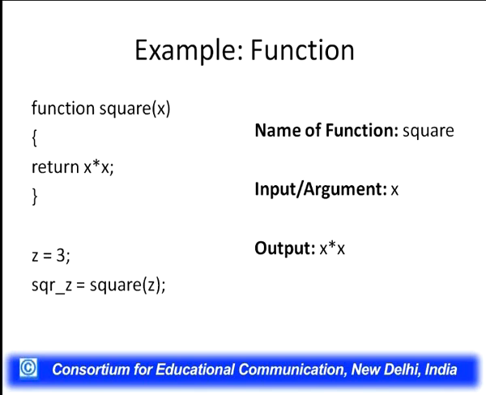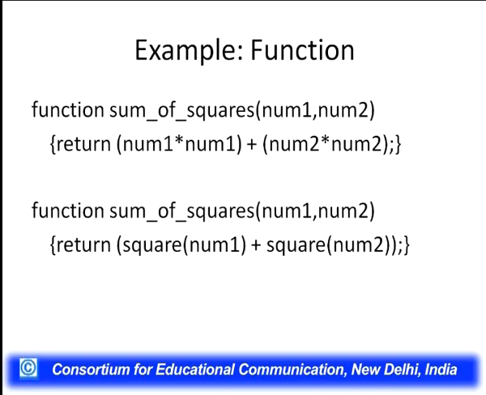The value of z is 3, so 3 will be passed to the function, the value will be calculated, and the value 9 will be stored in the variable square_z. This is how the function is defined and how it is invoked, by simply specifying the name and the arguments which the function is going to use.